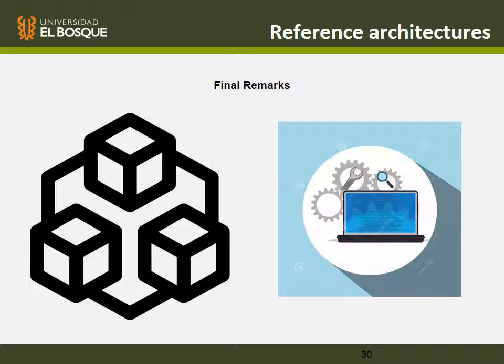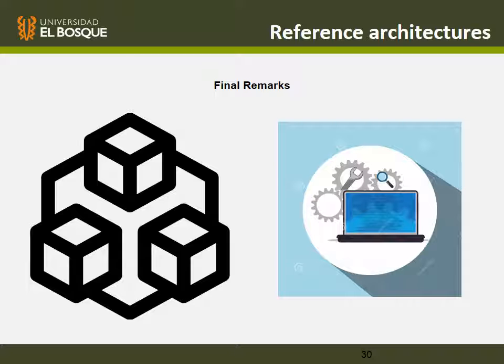Regarding the relevance and impact of reference architectures in system development, contributions in four subjects are found: design, representation, evaluation, and use of reference architectures. There is, however, a lack of work dealing specifically with the evolution of reference architectures.